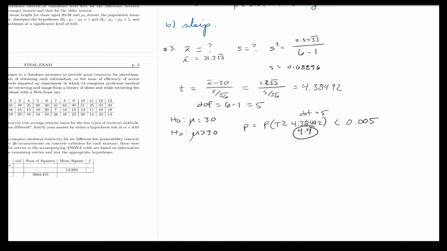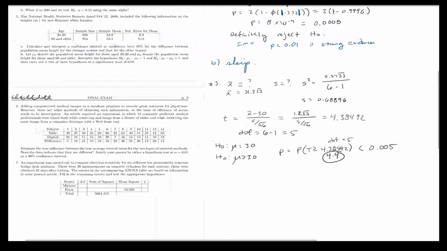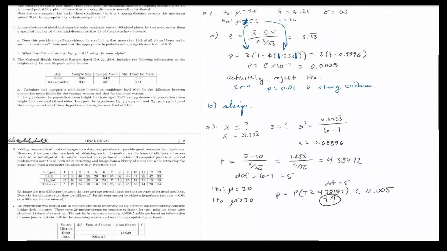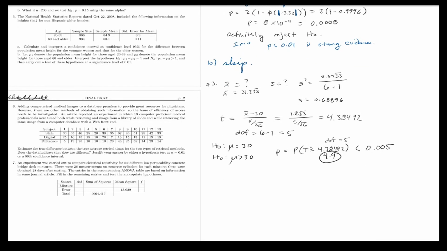Okay. So what can we say? Hard to say. Let's see. Yeah, that's right. P is less than 0.005, which is less than alpha, which is 0.01.